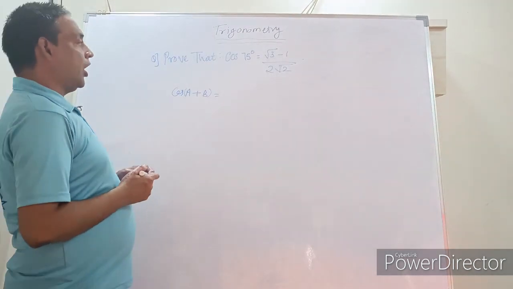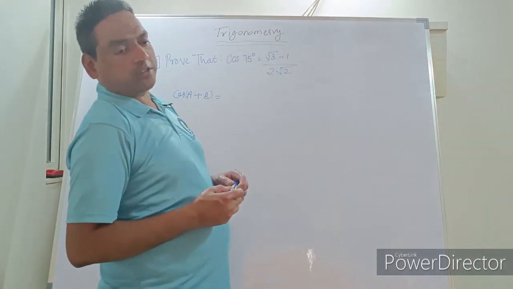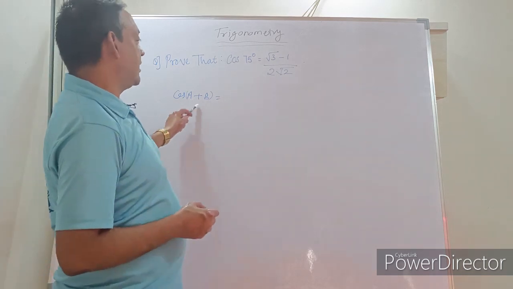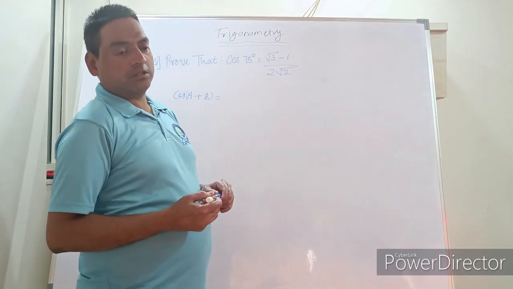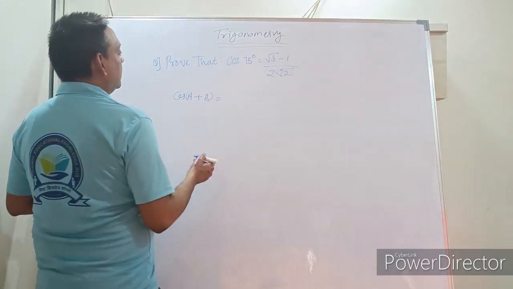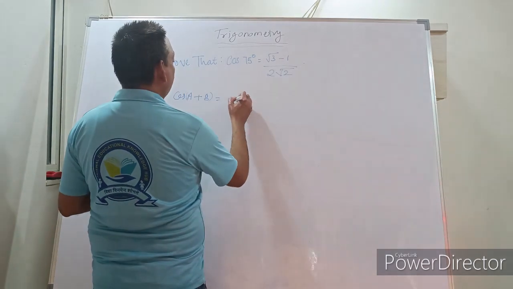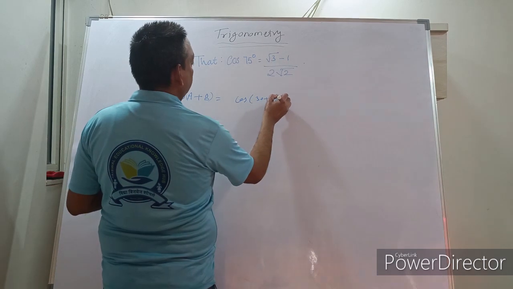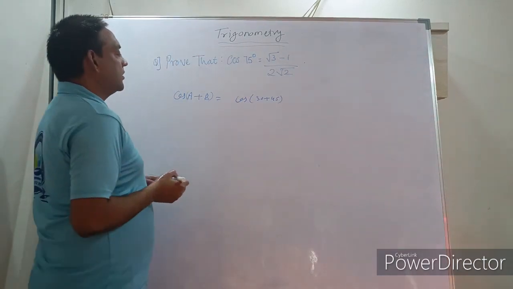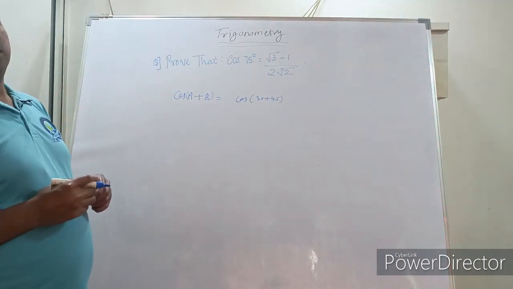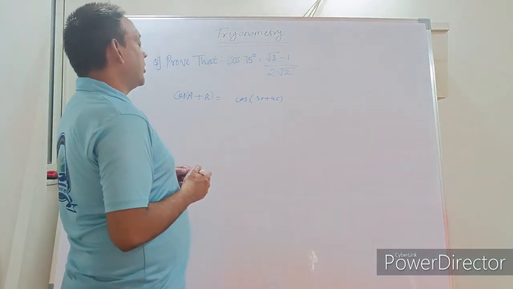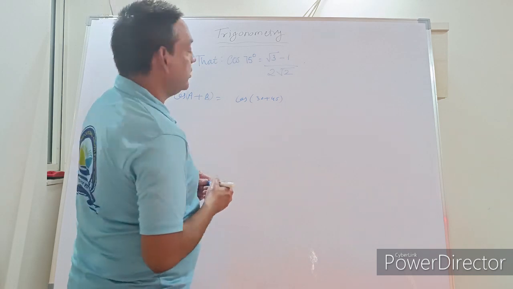So now out of 0, 30, 45, 60 and 90, we have to find the angles whose addition is 75 degree. Okay, so you can see 75 degree we can write as cos 30 plus 45, right? Now what is the cos a plus b formula?